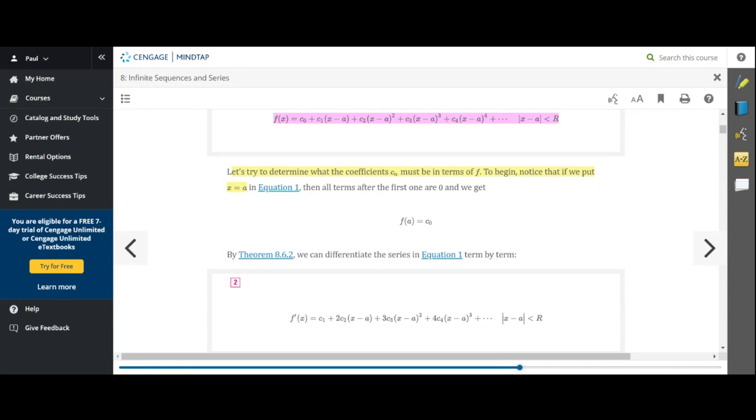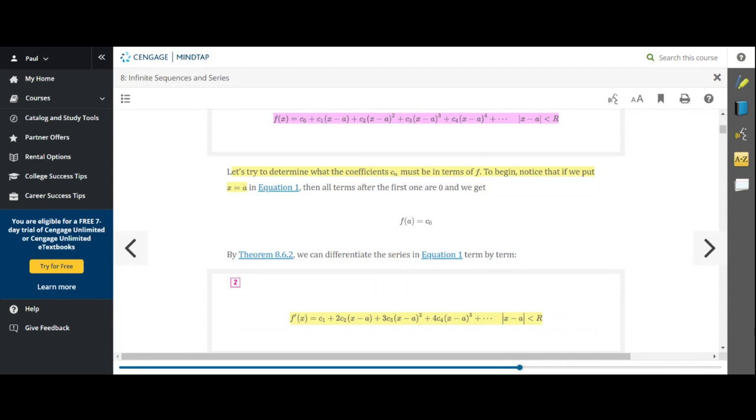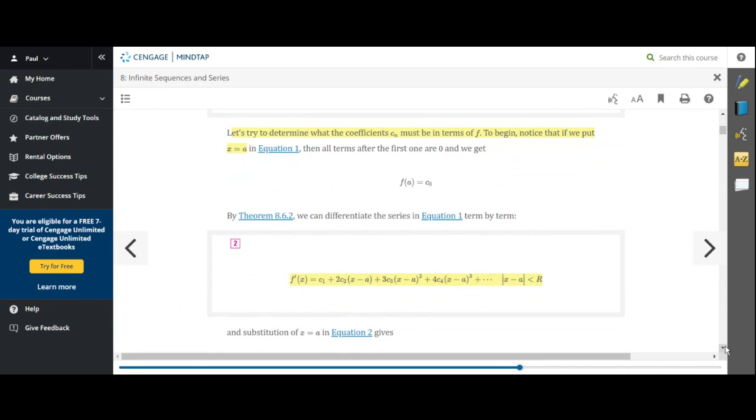The derivative of x minus a is 1. The derivative of x minus a quantity squared would be 2 times x minus a. And the derivative of the fourth term, x minus a cubed, would be 3 times x minus a squared. And what's going to happen is you're going to get this formula here for your first derivative.